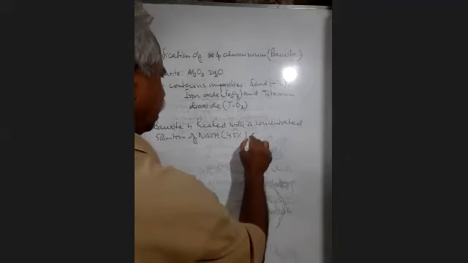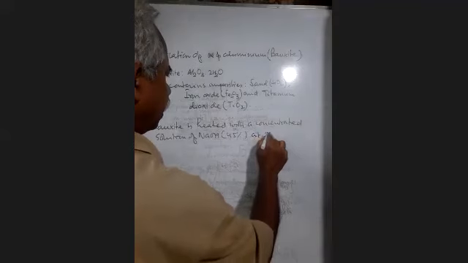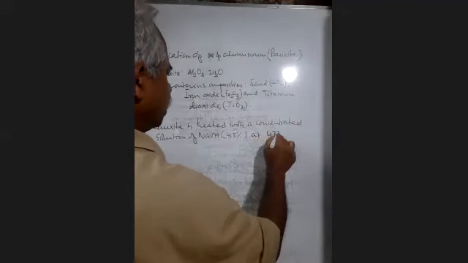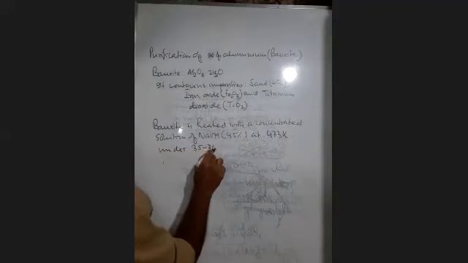Okay. At 473 Kelvin, 200 degrees Celsius, under 35 to 36 atmospheric pressure. Then what happens? See here.